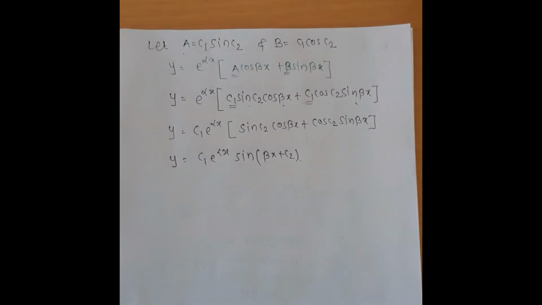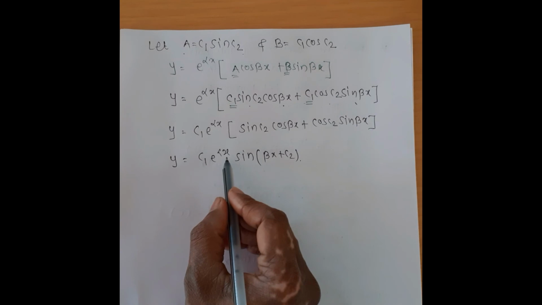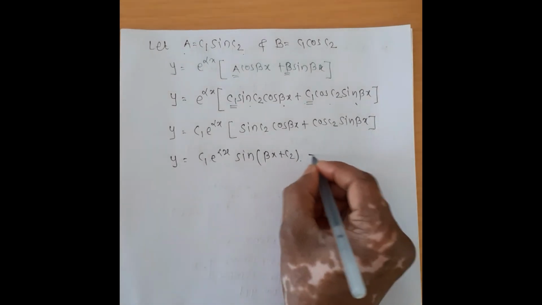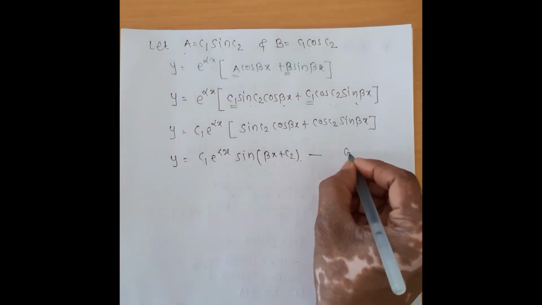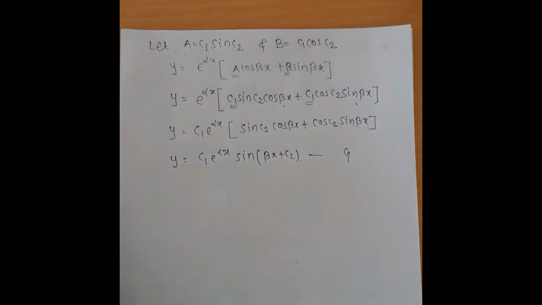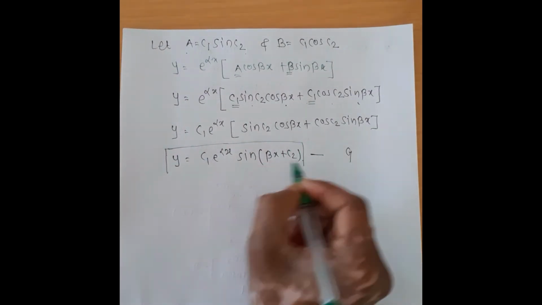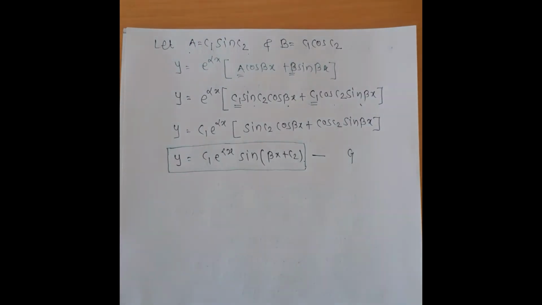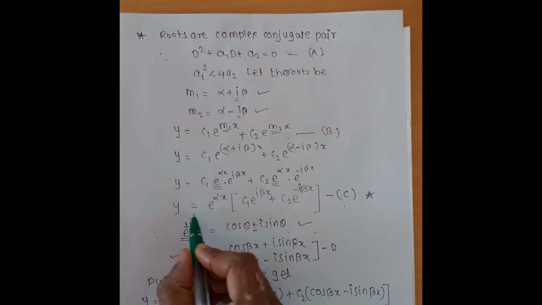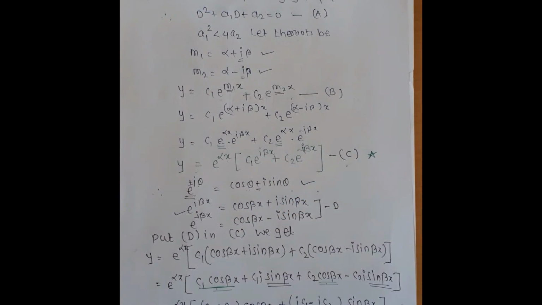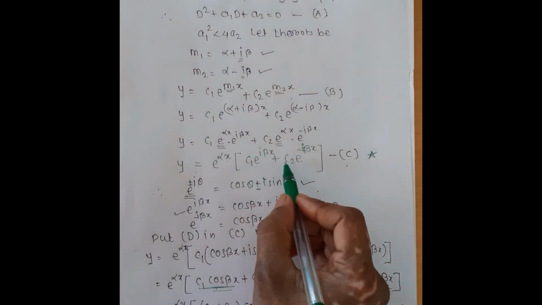Okay, so y is equal to C1 e raised to alpha x sin beta x plus C2. This is another equation, let us call it equation C. This is the final solution of that given equation when the roots are complex conjugate pair. So equation C, it means y is equal to e raised to alpha x, C1 e raised to i beta x plus C2 e raised to minus i beta x.